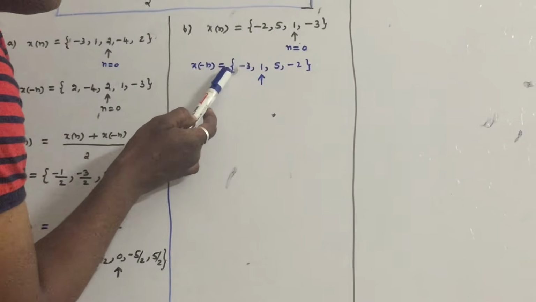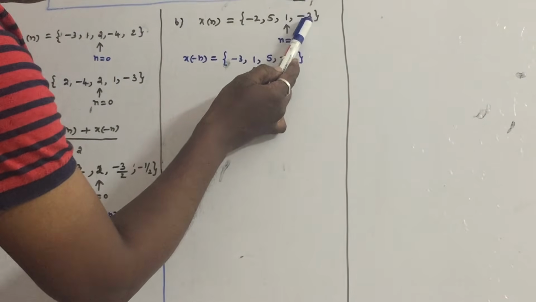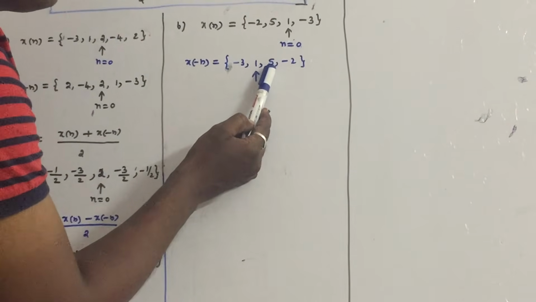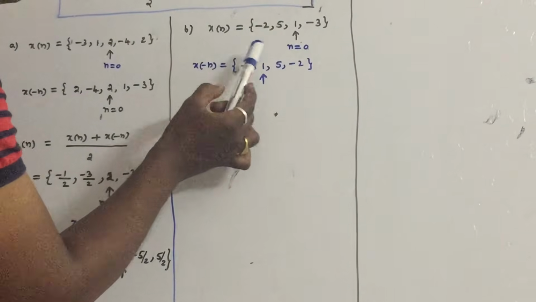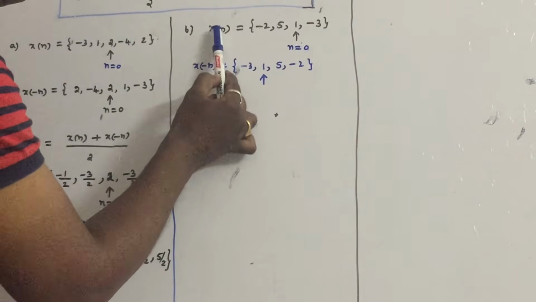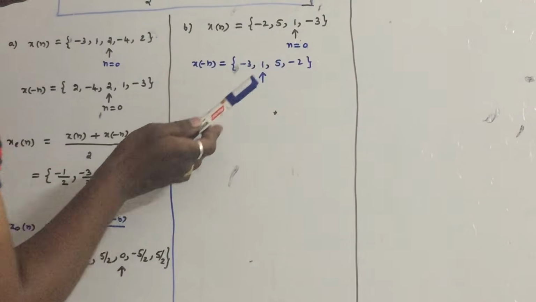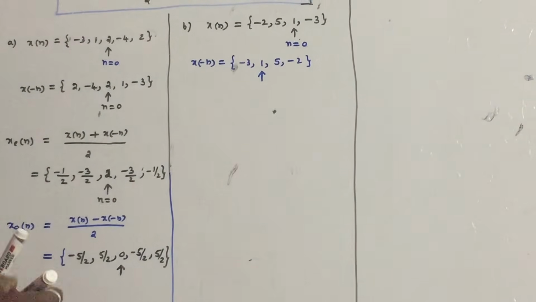Here n is equal to minus 2 sample is not there. Similarly, on the right side, n is equal to 1 sample is there, n is equal to 2 sample is not there. But here it has n is equal to 1 sample and n is equal to 2 sample. In that case, we have to make both sequences x of n and x of minus n equal, so that we can very easily add or subtract both the sequences.